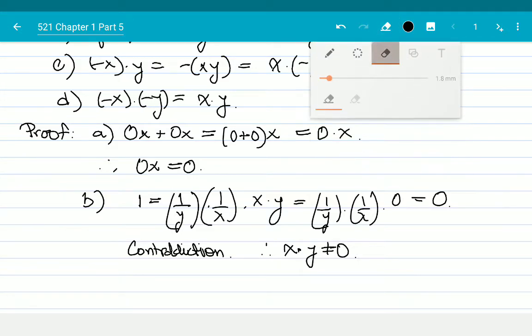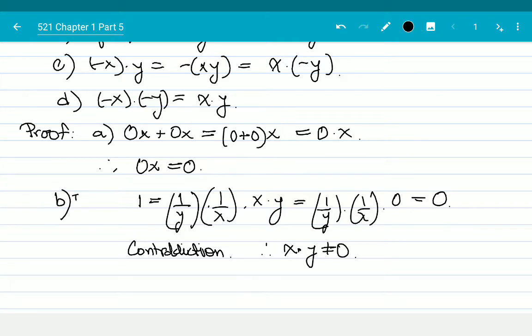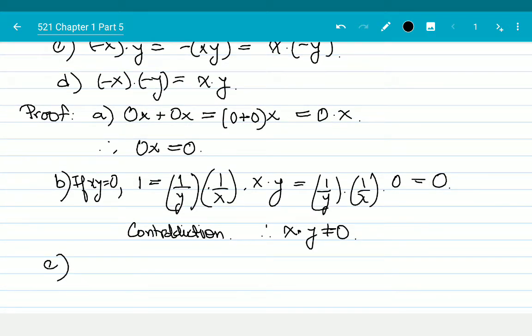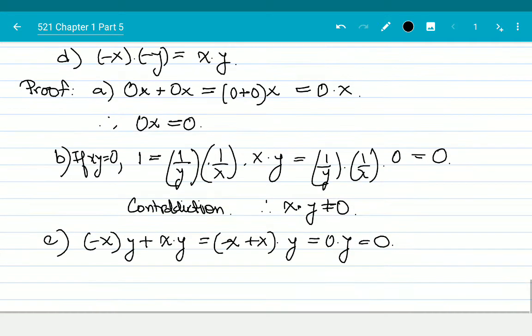Let me just phrase this slightly differently. B: if xy is equal to 0, then this happens, right? C. Now, once again, we are going to do minus x times y plus x times y, using the distributive property, is equal to minus x plus x times y, which is equal to 0 times y, which is equal to 0, right?